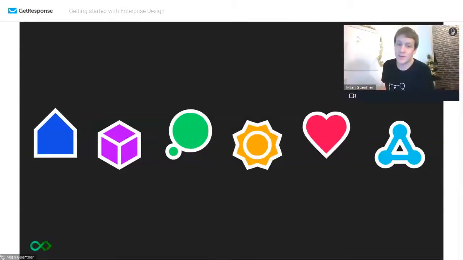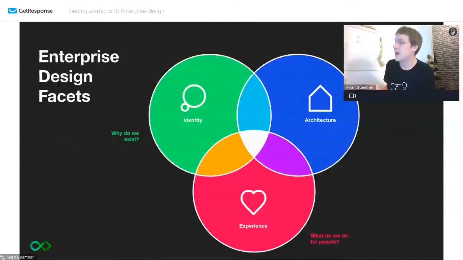We gave every single one of them an icon. There are three main facets that we use and that we just talked about, which is the identity. Why do we exist? Who are we? What's all of this for? We have in blue the architecture, which is, if I really oversimplify it, how does it all work?